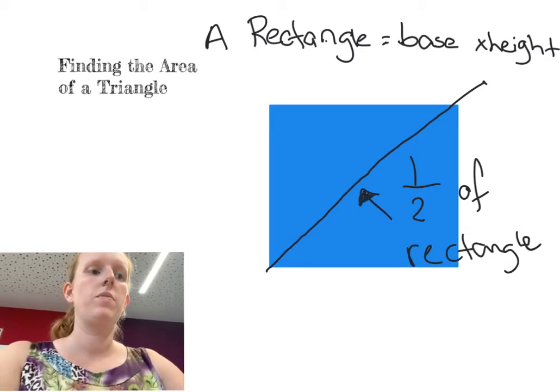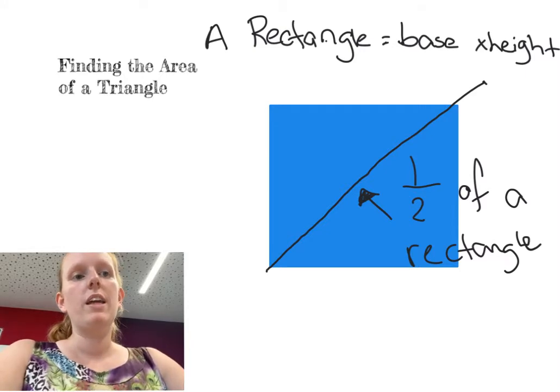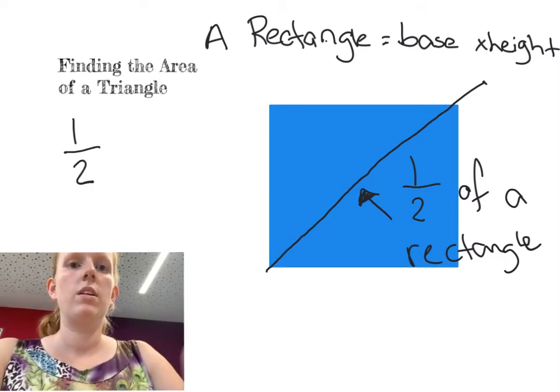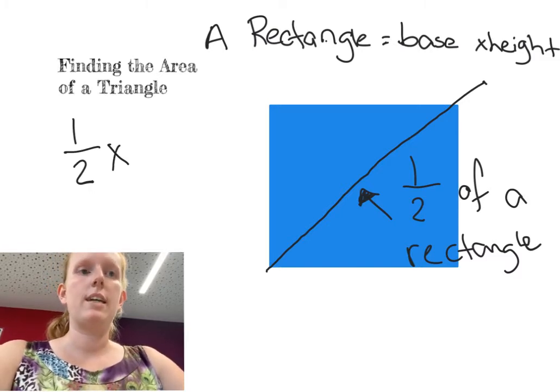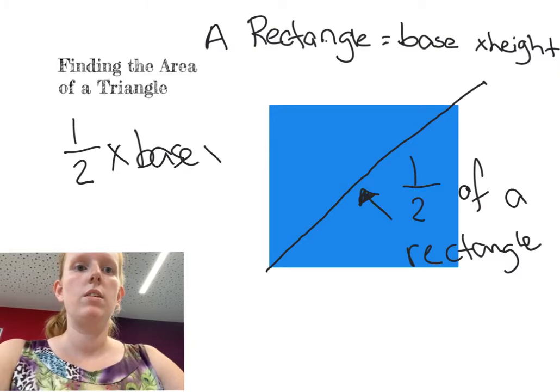So one triangle is half of a rectangle. So the equation for finding the area of a triangle is actually half times the exact same as it is for the rectangle. So base times height.